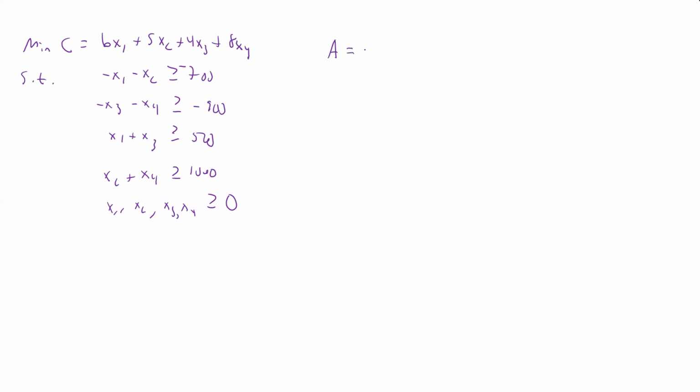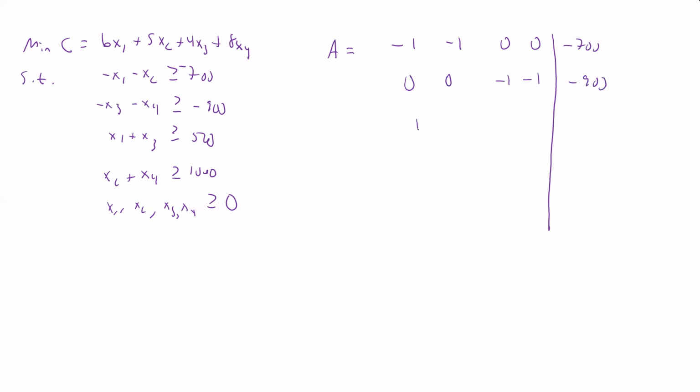Well, what is A? Well, we're just going to go kind of across the way here. So we're going to have -1, -1, 0, 0, and that one's -700. And then we'll have a 0, a 0, a -1, -1, and that's going to be a -900.